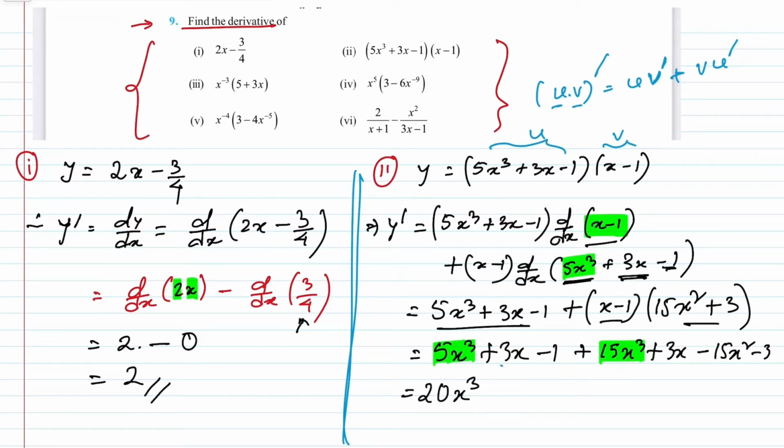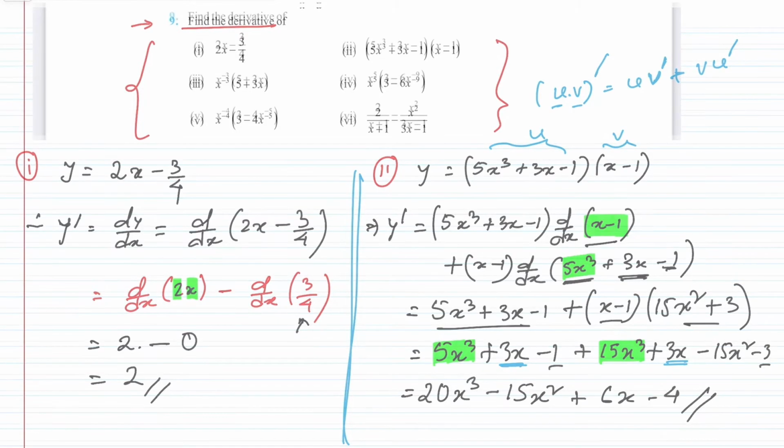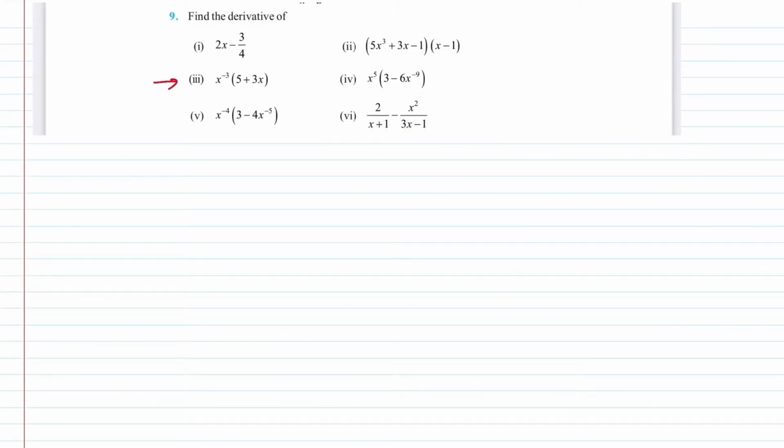Then we have 3x plus 3x, that's going to be 6x. And before that let us write the square term 15x square. Then let us write 6x, then minus 1 minus 3 is minus 4. Okay, so this is our answer. That's how we can solve the second. So now let me show the third one.